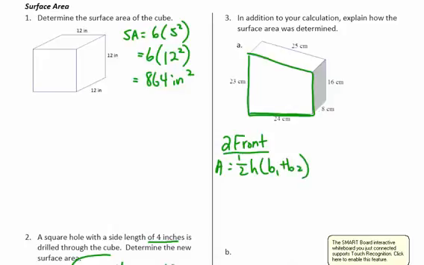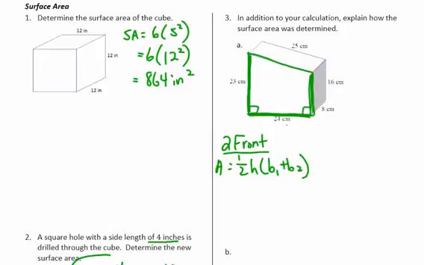Remember the 2 sides that are parallel to each other, here and here, are the bases, and the side that's perpendicular, this one here, is the height. So we have half of 24 times 23 plus 16.